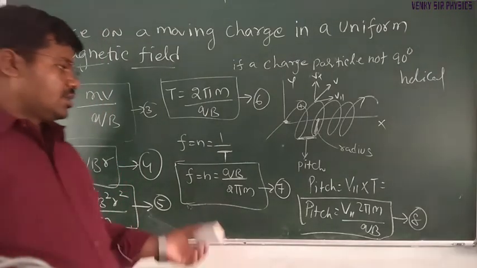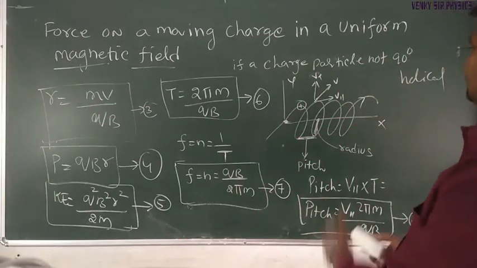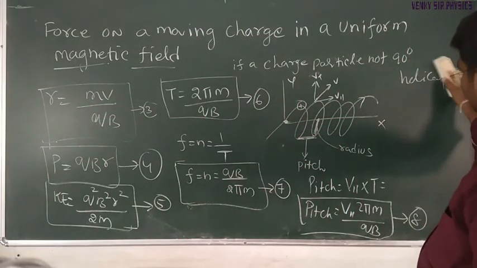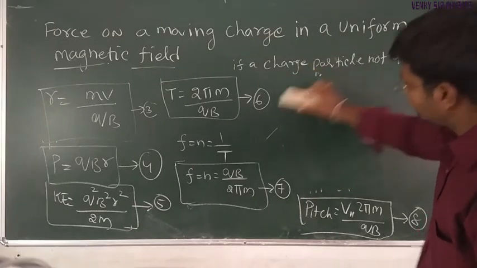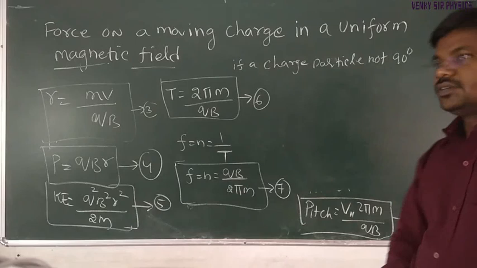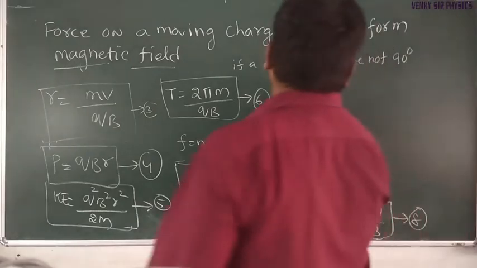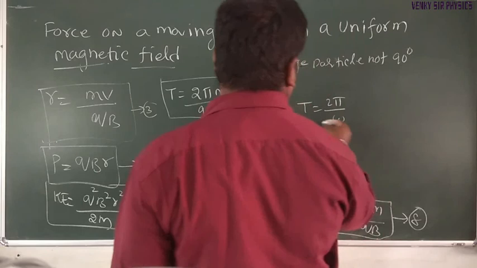All of you copy this diagram. So after equation 8, we can get angular velocity. We know that T is equal to 2 pi by omega, from the oscillations chapter.